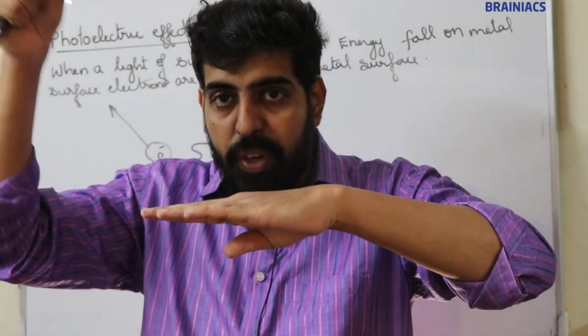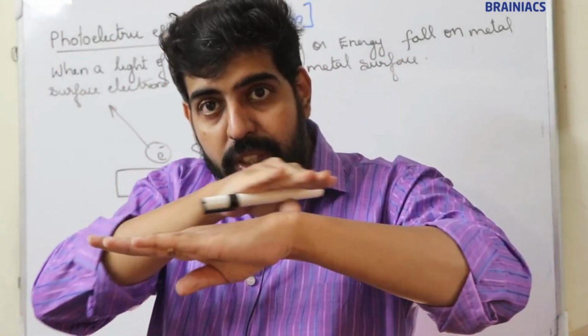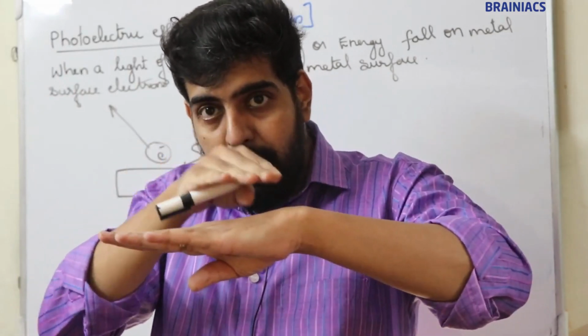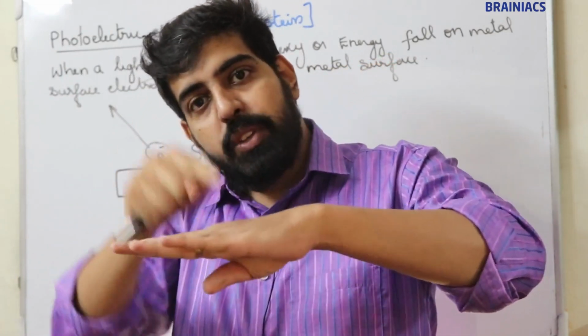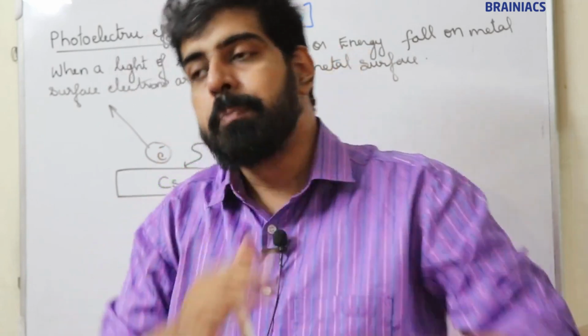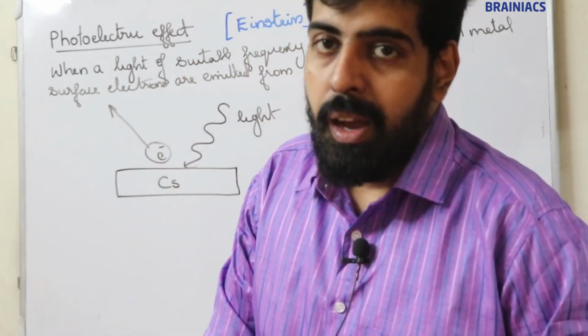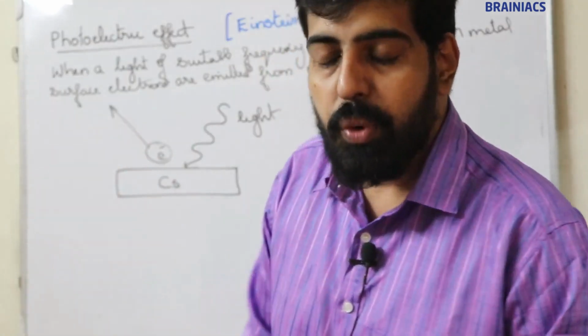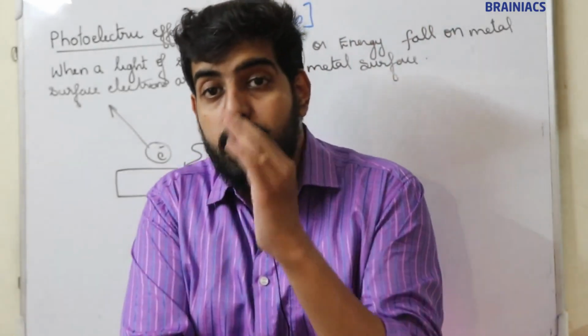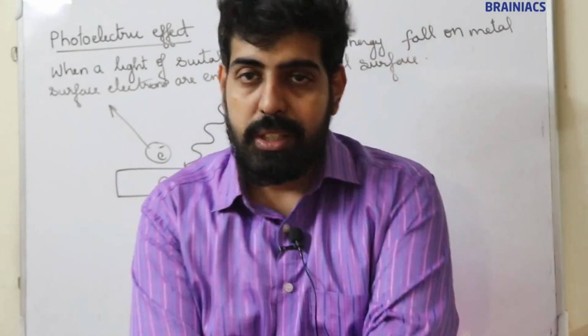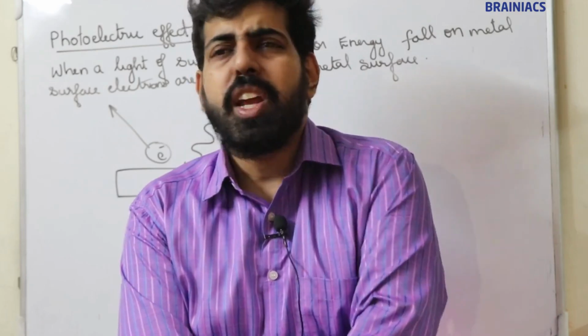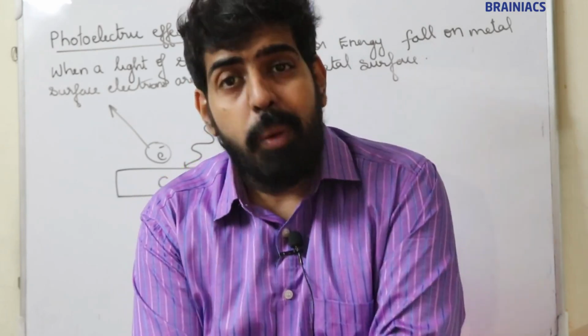When light of suitable frequency strikes on metal surface, electrons present on the metal surface are ejected. This phenomenon is known as photoelectric effect, and this phenomenon was first observed by Hertz. But he could not explain why this phenomenon is occurring.